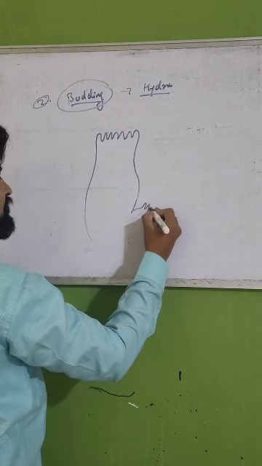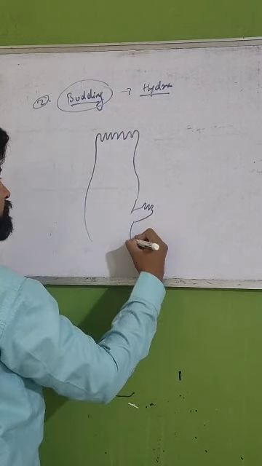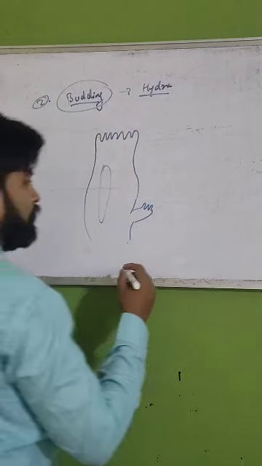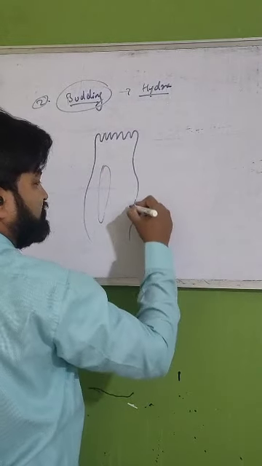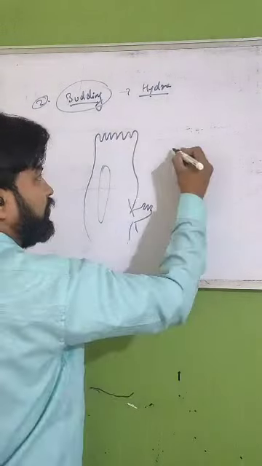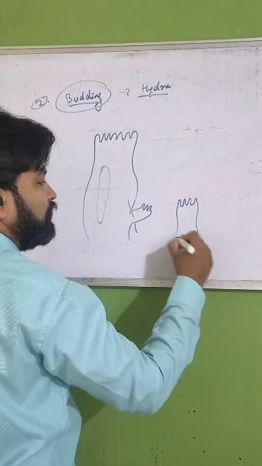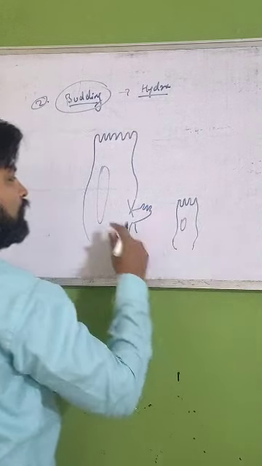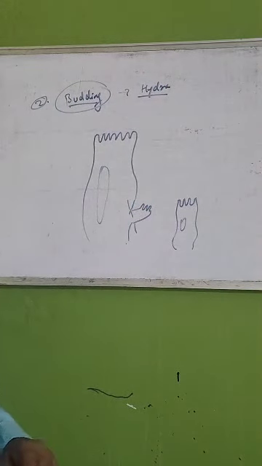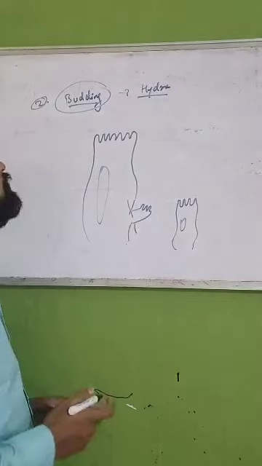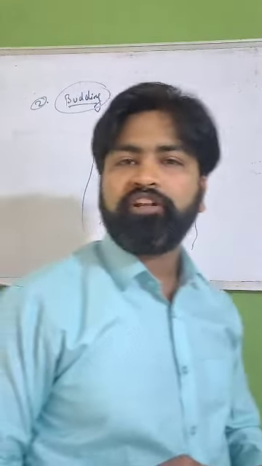See, like this, a small bud appears, and after maturation this bud will detach itself from the parent body and grow as a new individual, and the parent body will remain as it is. This type of asexual reproduction is known as budding.